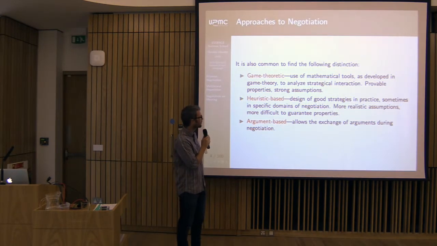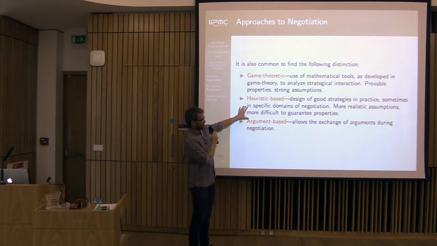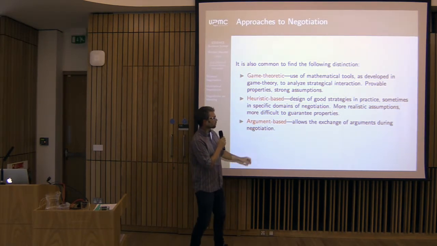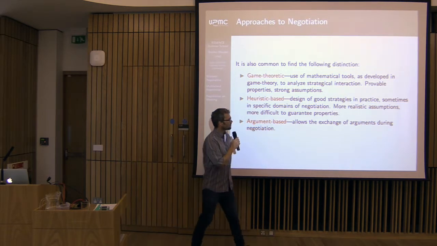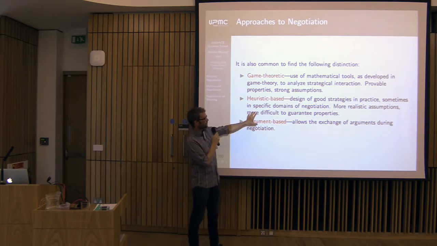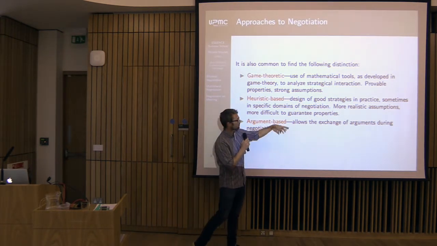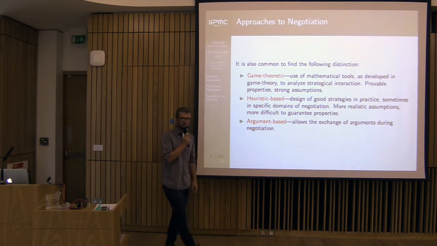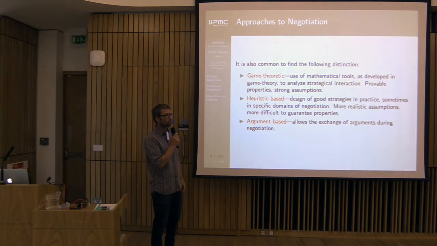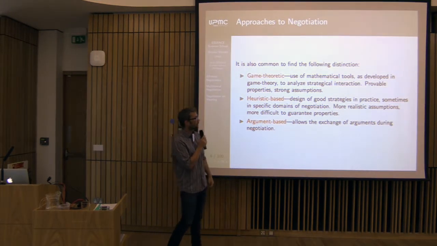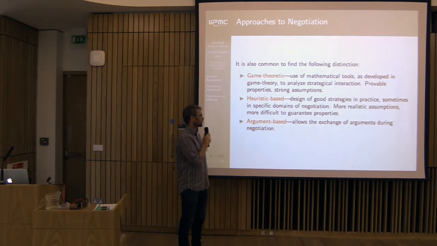We'll discuss that later. But you have a maybe more practical, heuristic-based negotiation where you try to design good strategies in practice, sometimes for specific domains, but not only. More realistic assumptions, but it's, of course, more difficult to guarantee properties. So typically, you would empirically evaluate your approach in that case.